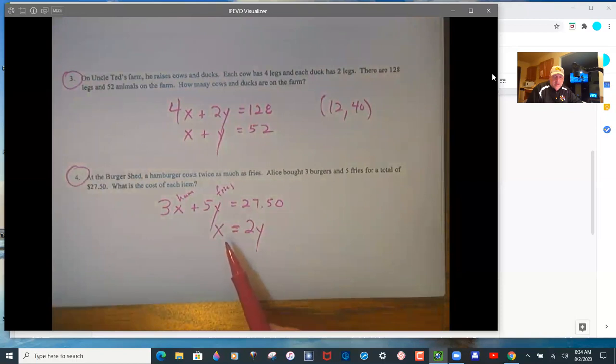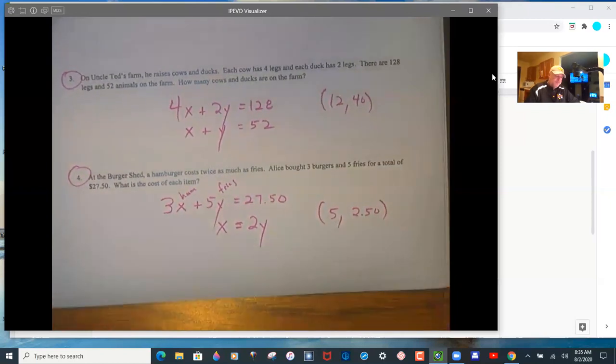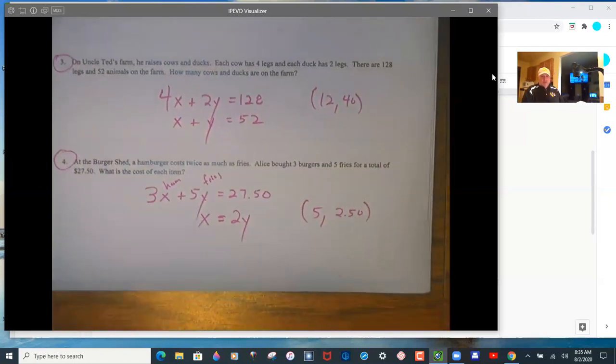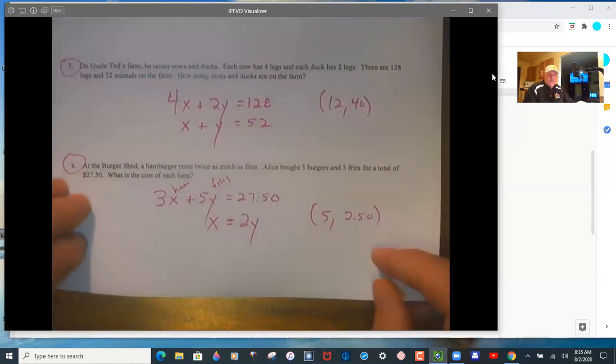So like if the hamburger costs $5, the fries would cost $2.50, but you're trying to make them equal. So it's 2 times the cost of the fry value equals the hamburger value. And if you're going to use the app, you got to subtract the 2y over. But in this particular problem, you get 5 and 2.50 for the solution.